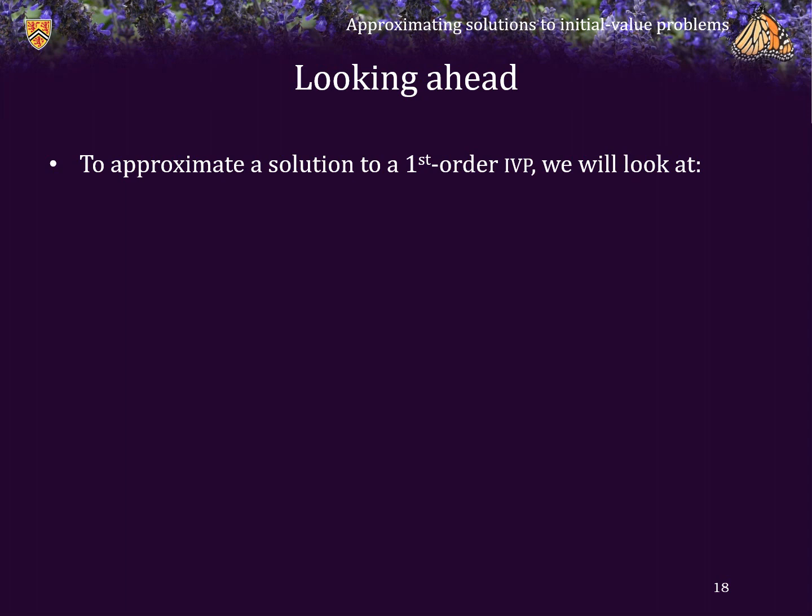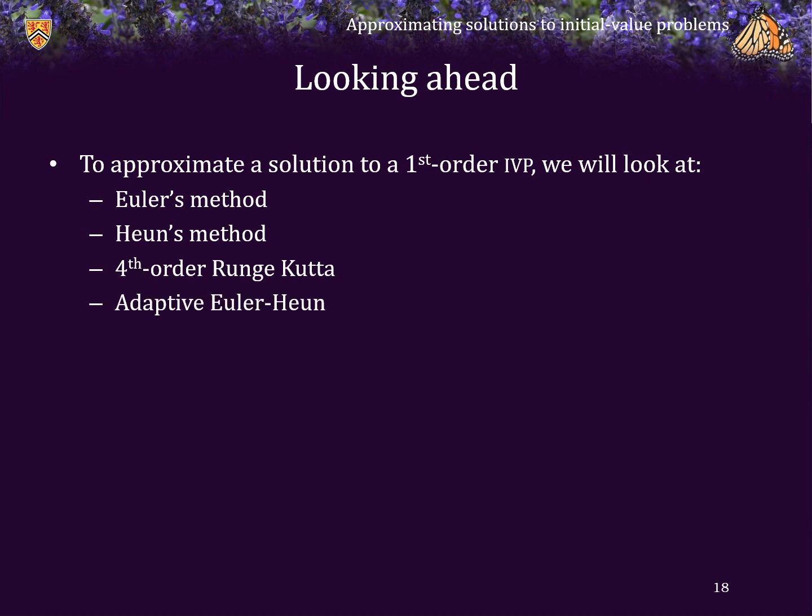So, in this course, to approximate a solution to a first-order initial value problem, we will begin by looking at Euler's method. Then we'll see we can do slightly better with Heun's method. Now, following this, we are going to look at the classic fourth-order Runge-Kutta. Following this, we will introduce an adaptive Euler-Heun technique.